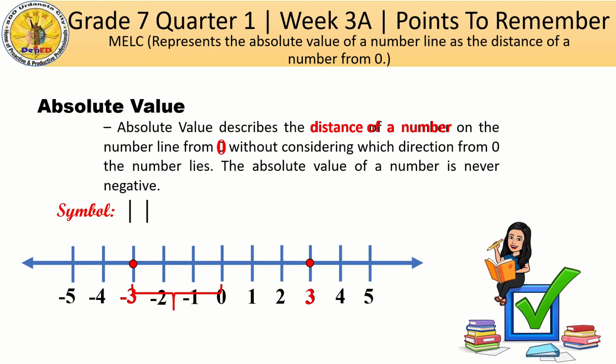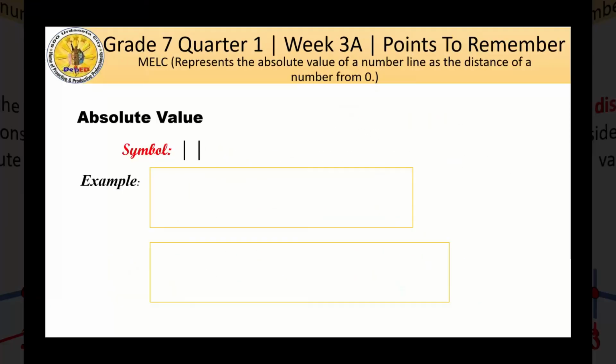What would be the distance of negative 3 from 0? It is equal to 3. And the absolute value of 3, or the distance of 3, is 3 also. So as stated above, the absolute value of a number is never negative. Did you get it? Okay.